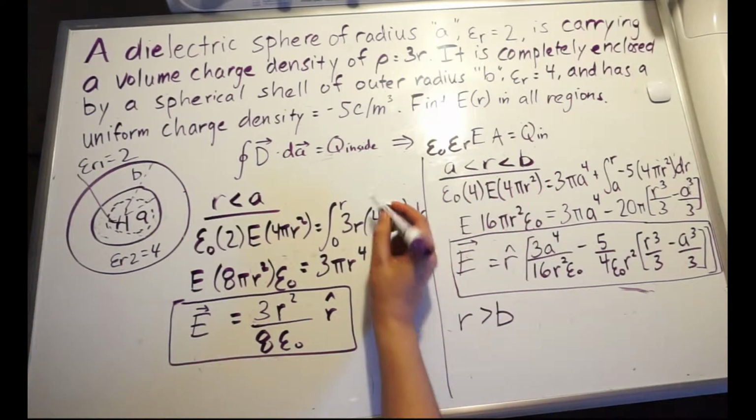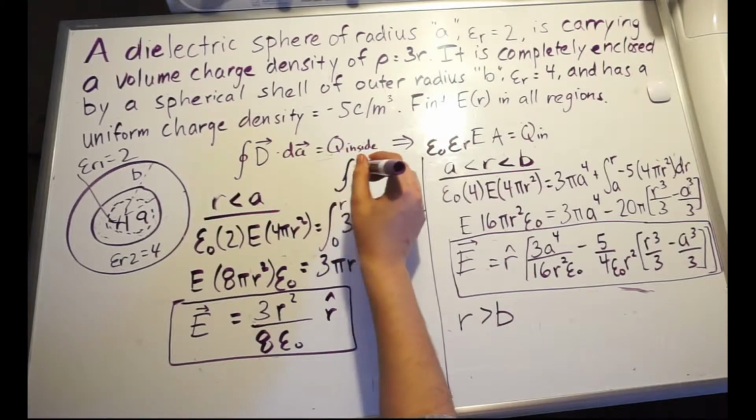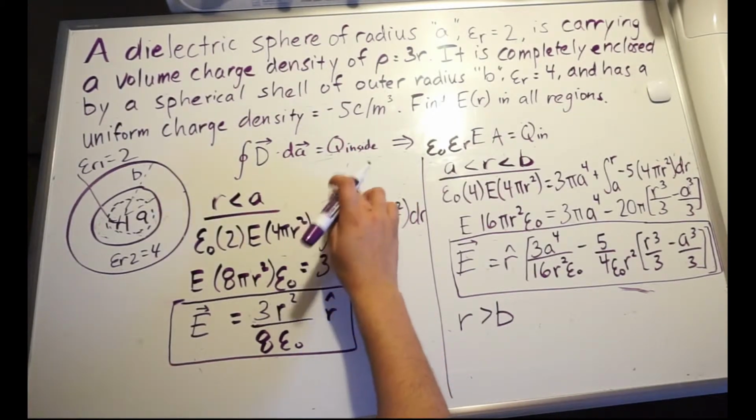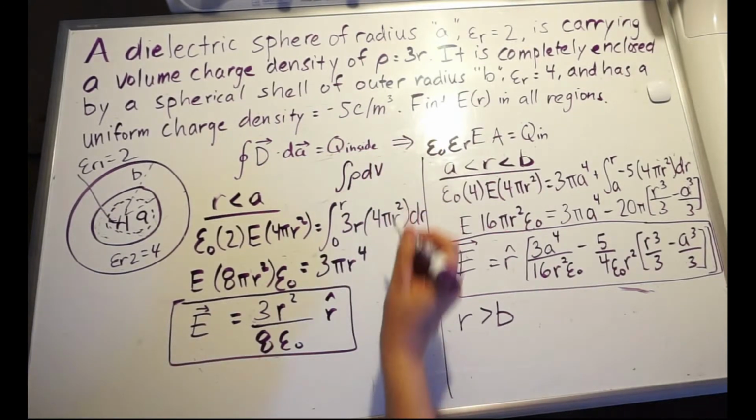How do we find Q inside? Q inside is just the integral of rho dV. Since rho is a function of the radius, and the radius is changing, we have to take the integral.